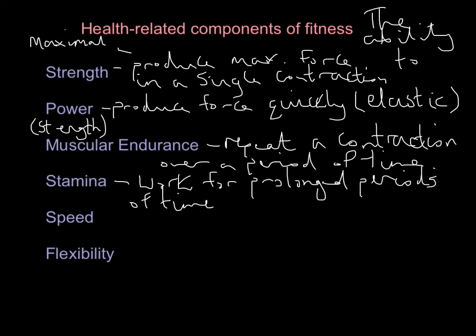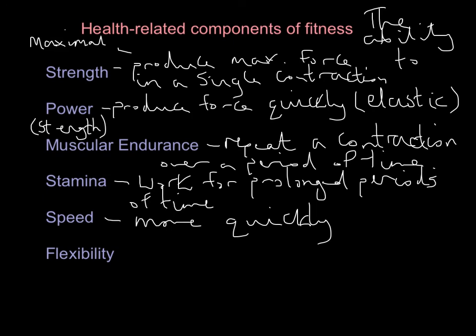And finally, on to the last two. Speed, again, surprise, surprise, the ability to, and you will not believe how simple this is, the ability to move quickly. How easy is that? Why is it that simple? Because we have full body speed. Someone like Usain Bolt, who has to move his entire body over a set distance very, very quickly.